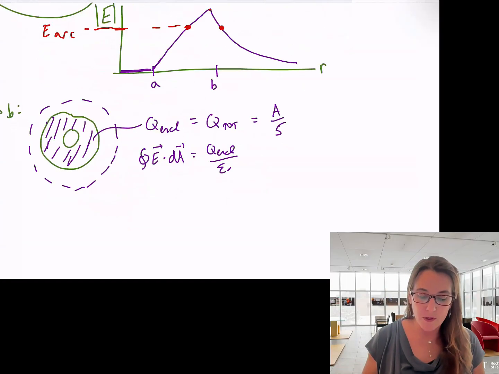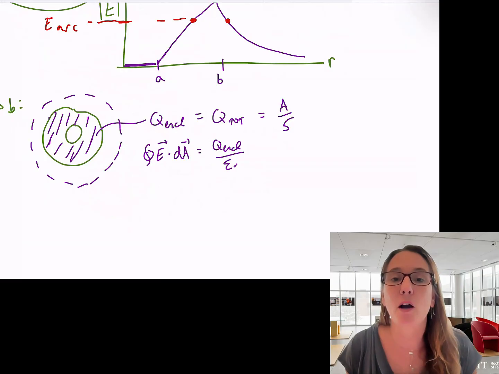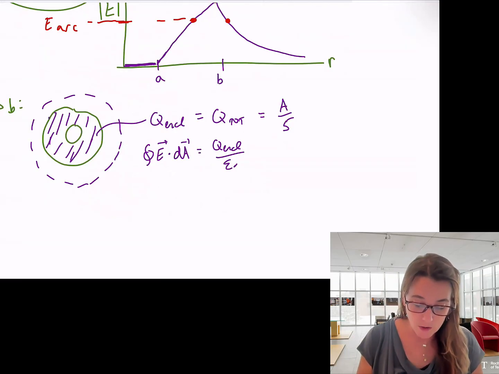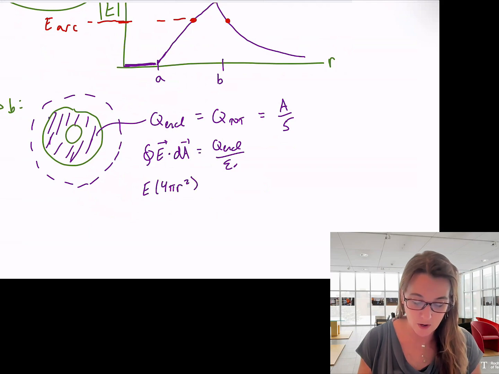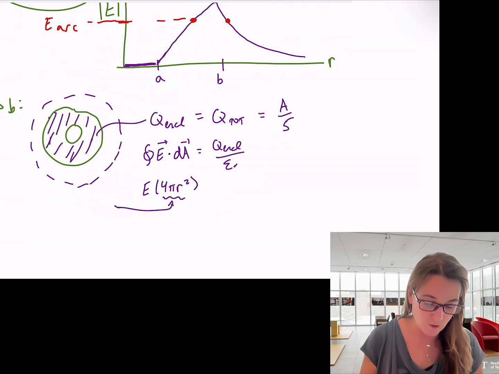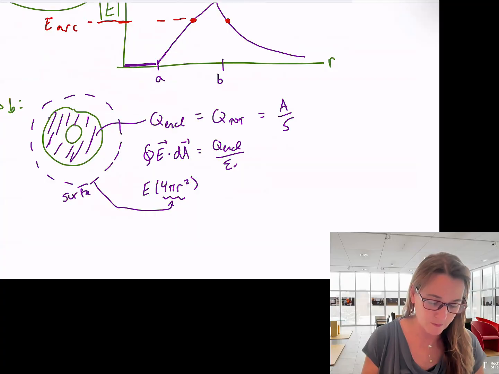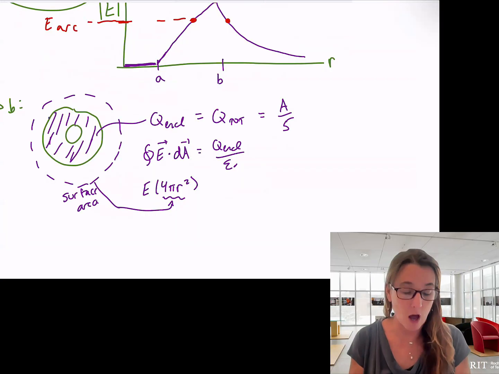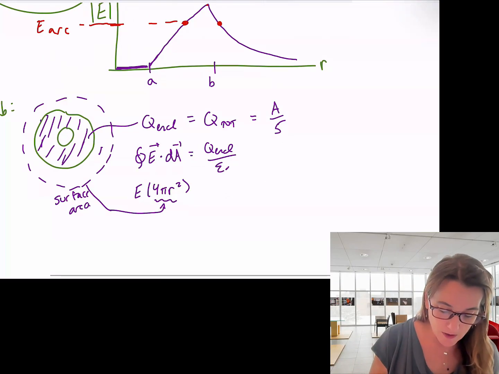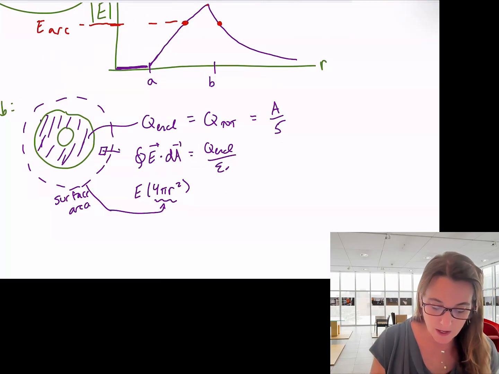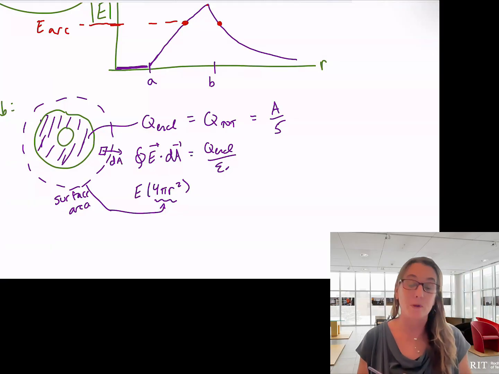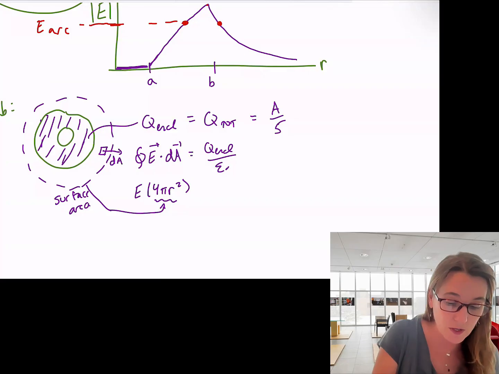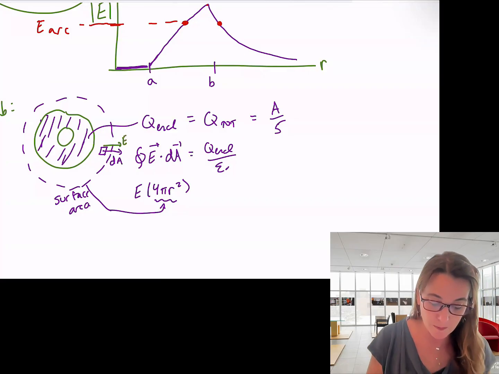And remember that with this integral, the left-hand side of Gauss's law for spherical symmetry reduces to E times 4 pi little r squared, where again, that is the surface area of the Gaussian surface through which we're looking at the flux. And as a quick reminder, that is because the area vector dA is perpendicular to that spherical Gaussian surface, and my electric field vector is parallel to it.